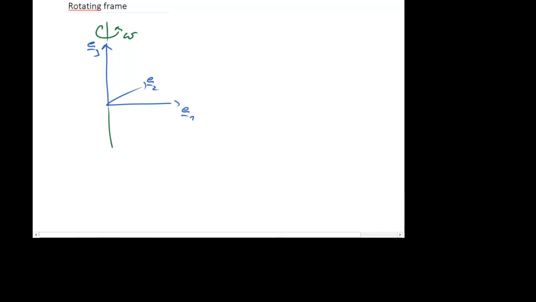And now my colleague has a different frame, the red frame, and since my colleague is rotating around the origin, these basis vectors are rotating with respect to my basis vectors.